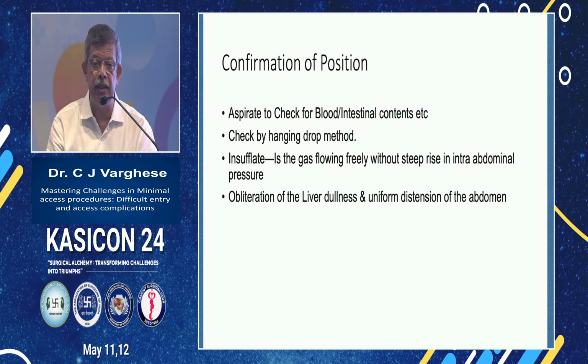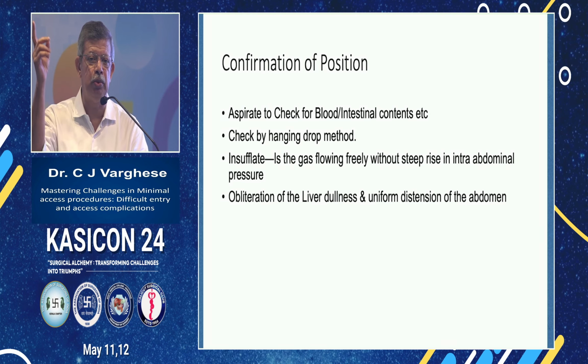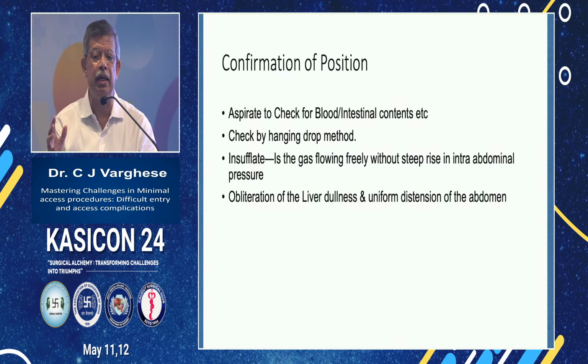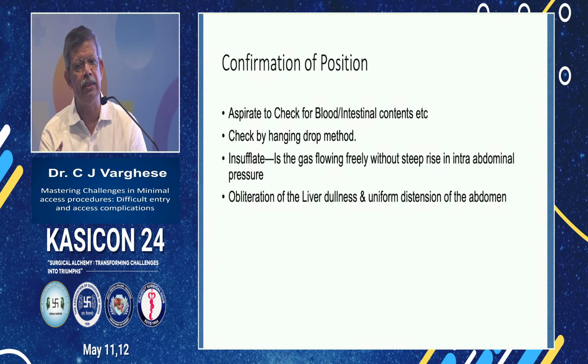Also, we may have set the pressure to 12 or 14 millimeters of mercury, but the pressure should not shoot up to that level all of a sudden. It should stay at a lower level, about 2 to 3 or 5 millimeters of mercury, in spite of the flow taking place. Then you are reasonably sure that you are inside the correct space.